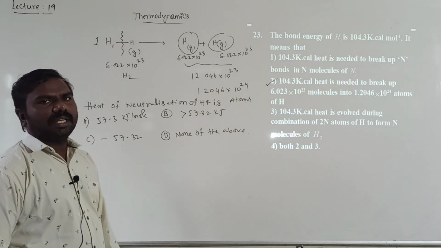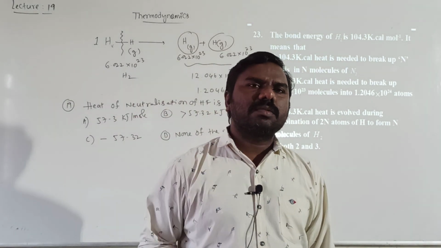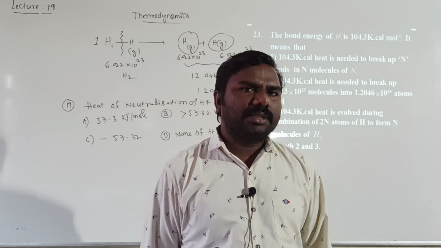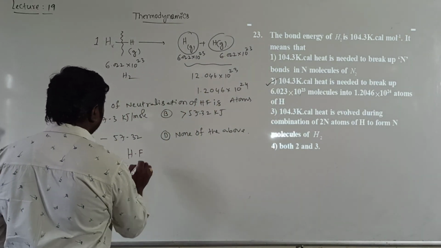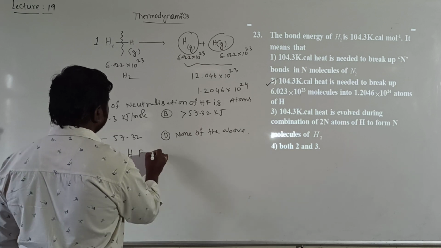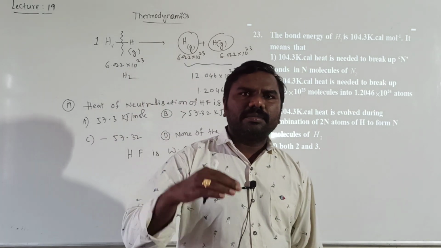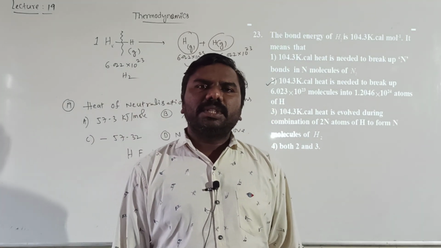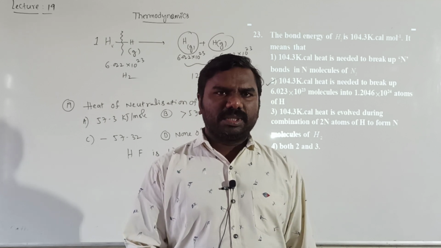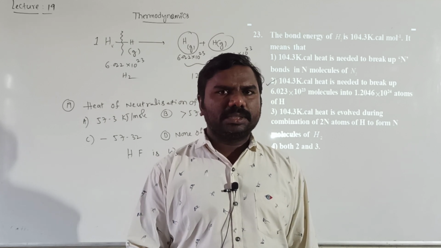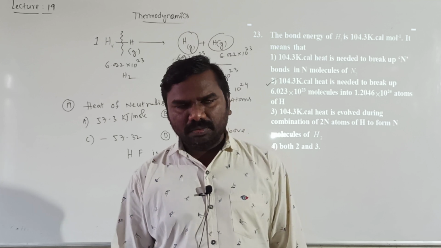HF is actually a weak acid. HCl, H2SO4, these are all strong acids. HF is a weak acid. For strong acid with strong base, it is 57.3 kilojoules of energy. For weak acid with strong base, or weak base with strong acid, the amount of energy released will be less.